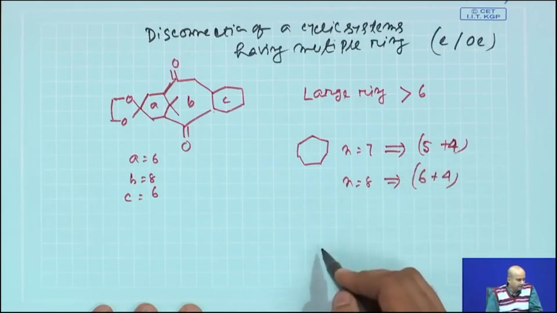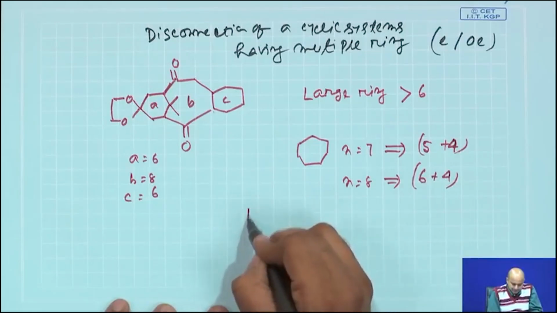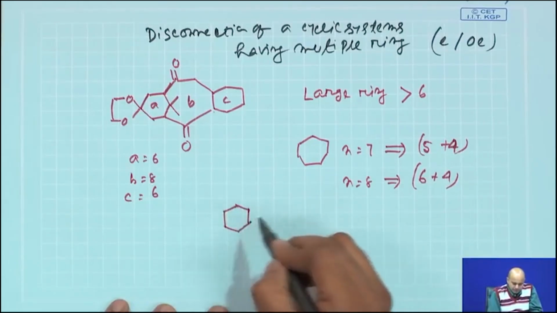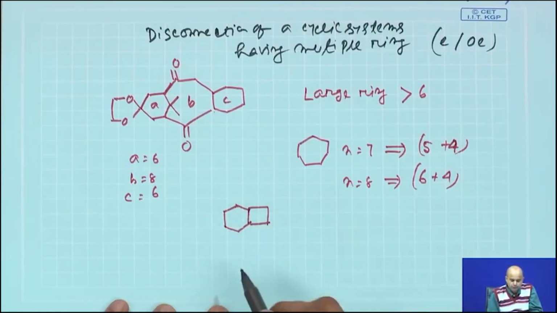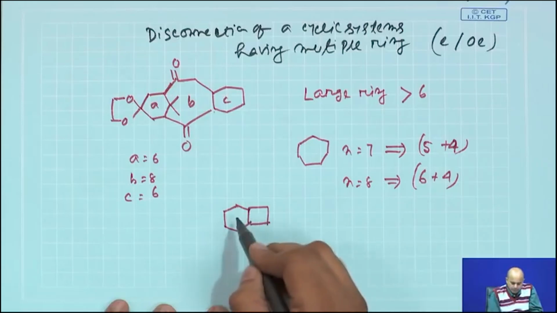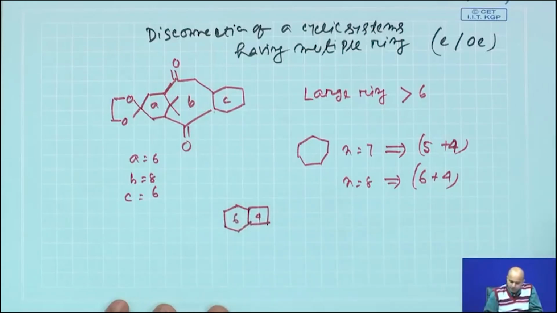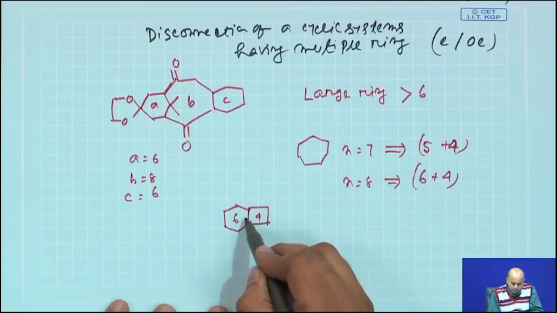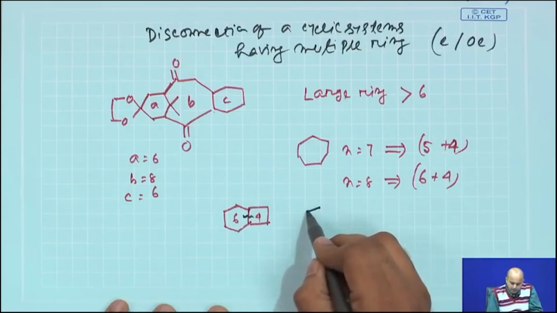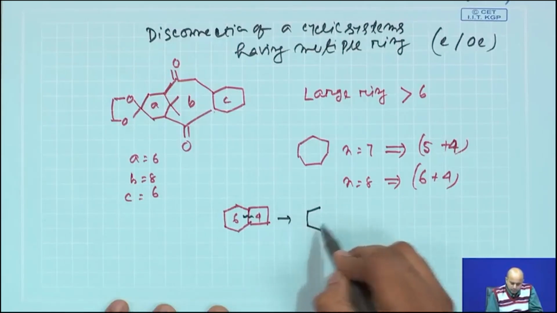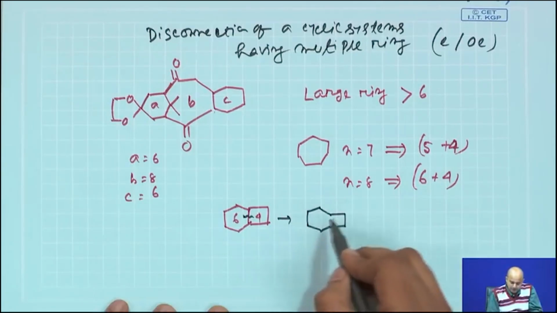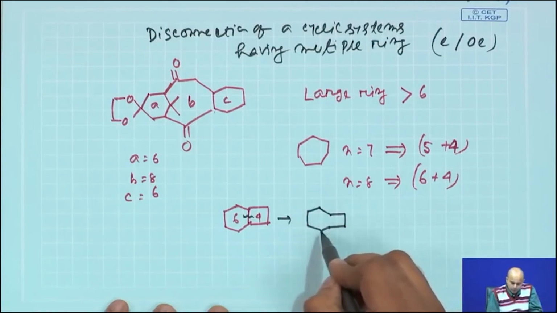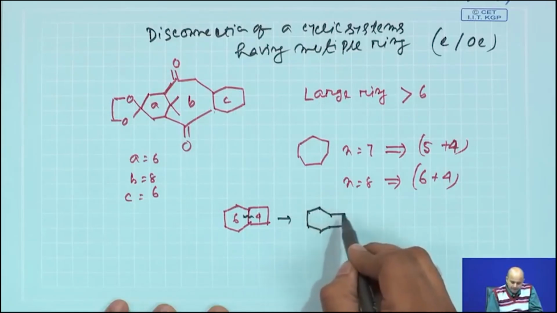Now, how does it come? Say you have a structure like this, a 6-member ring and 4-member ring fused together. Now, if some reaction allows you to break this bond, what we get now is a ring whose size is 1, 2, 3, 4, 5, 6, 7, 8.